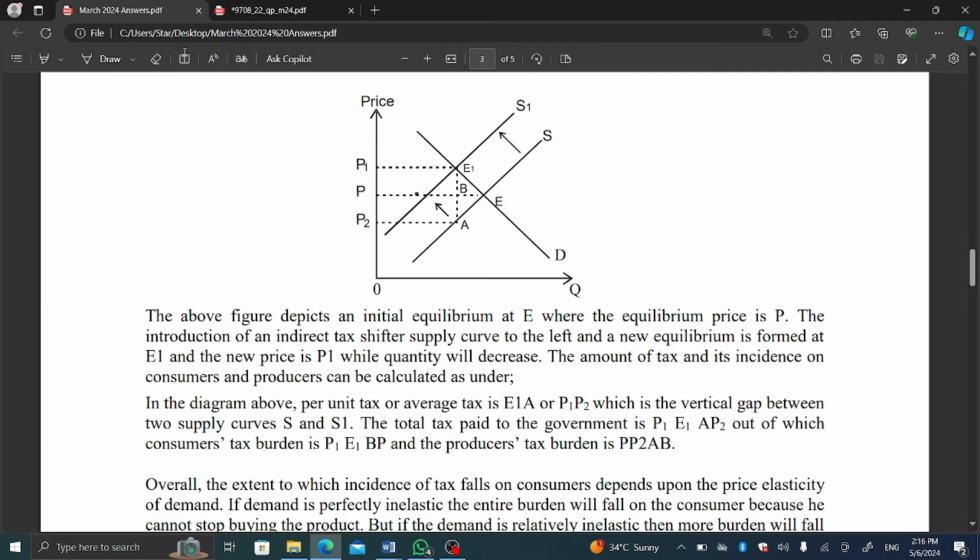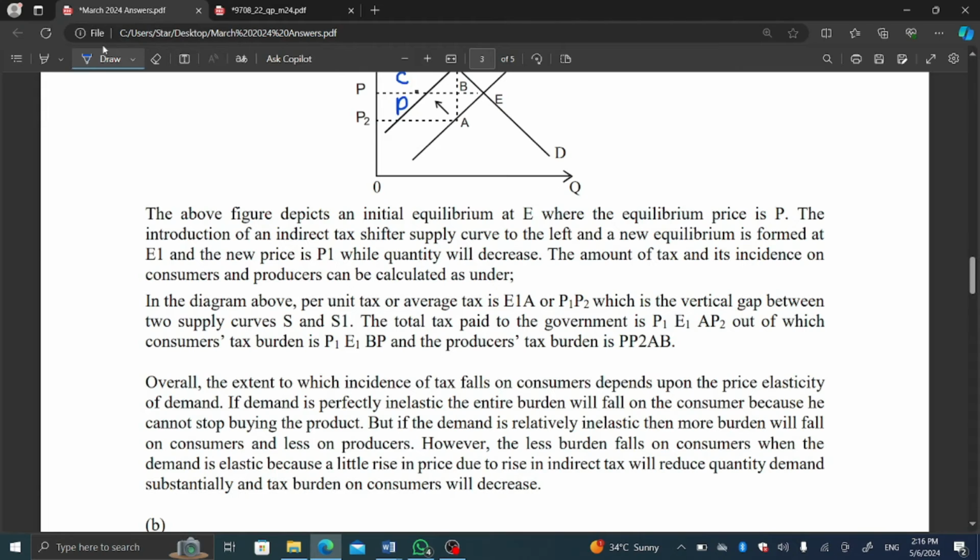This is the supply curve that has shifted to the left. This portion is the burden on the consumer and this portion is the burden on the producer. And at the end you have to give an overall conclusion and evaluation of this part.